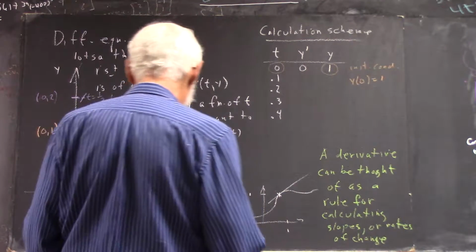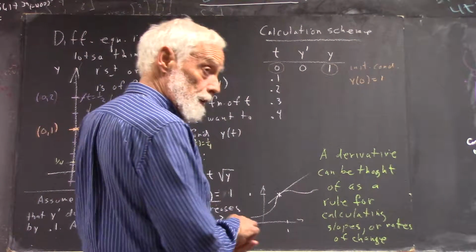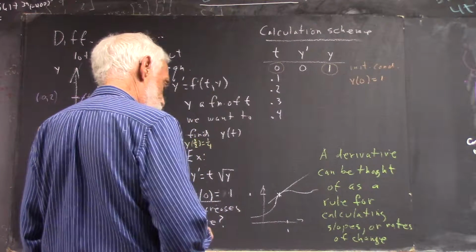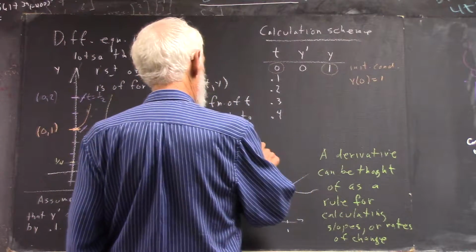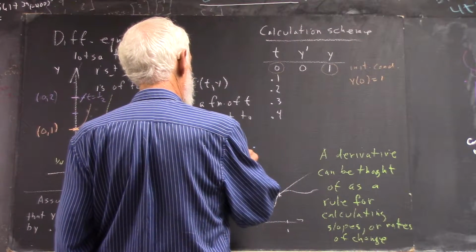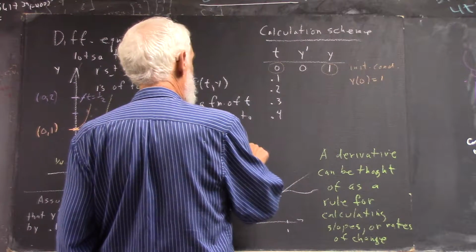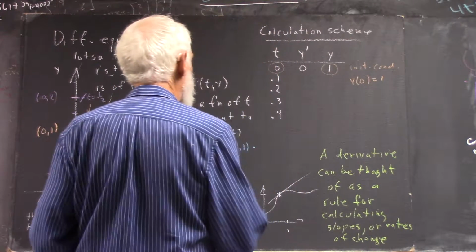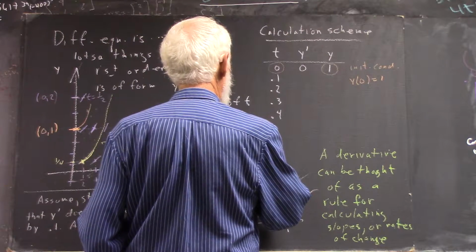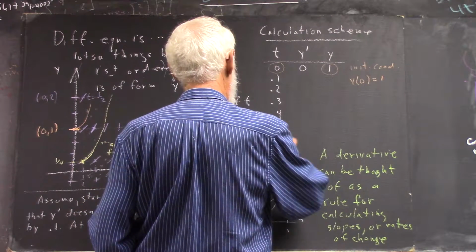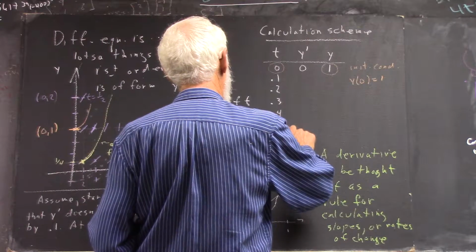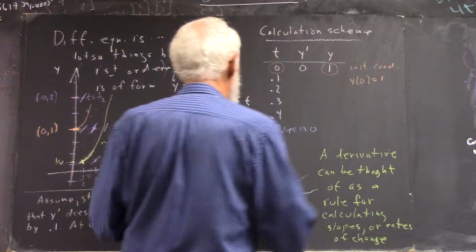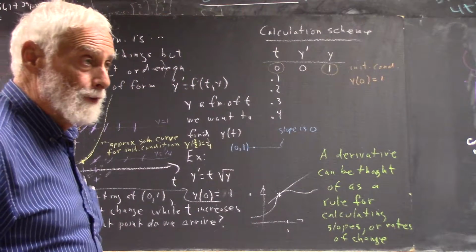Well, let's draw a picture to make it clear just what I'm talking about here. Make this blue. So here we have the point (0, 1). Slope is 0. I'll indicate that by a straight line segment.